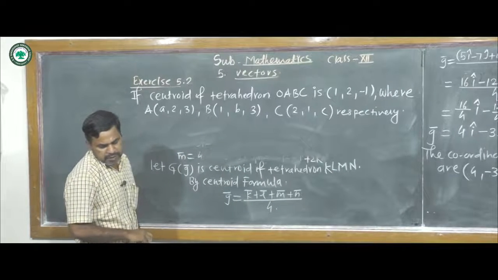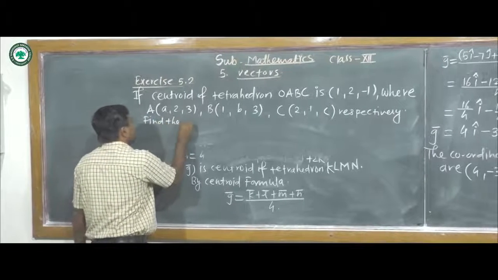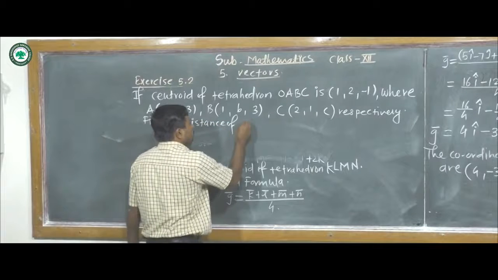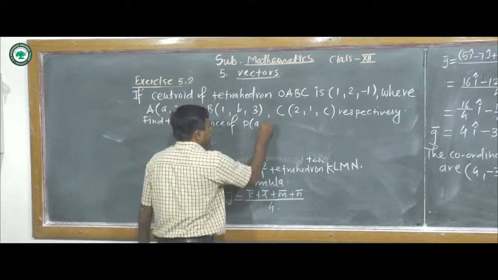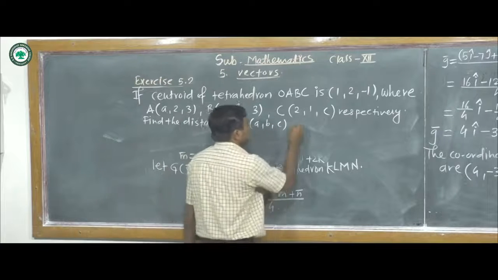Find the distance of point P having coordinates a, b, c from the origin.